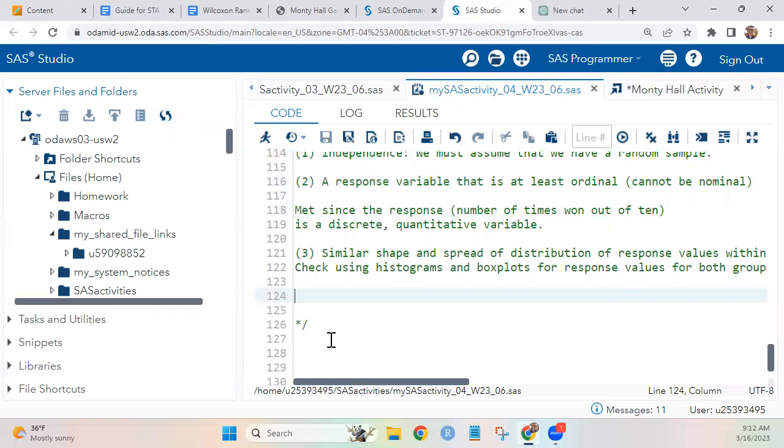But we also need a similar shape and spread of the distribution of response values. And that, in my opinion, is a very strict assumption. Because it's not saying they need to be bell-shaped, but it's saying they need to have the same shape in both groups and the same amount of variability.